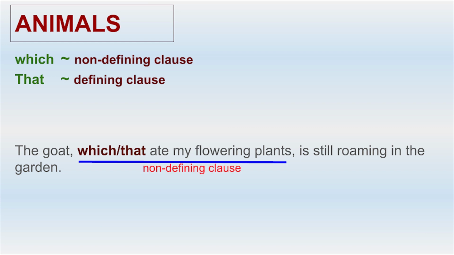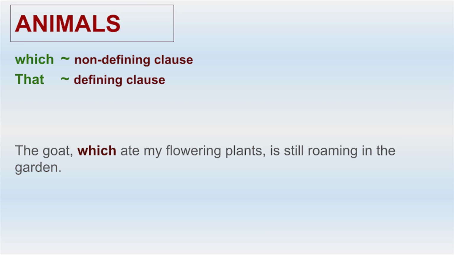Which or that ate my flowering plants is a non-defining clause. So right away we know that we should eliminate that. That is used only in defining relative clauses. So which is the correct relative pronoun? The goat which ate my flowering plants is still roaming in the garden.